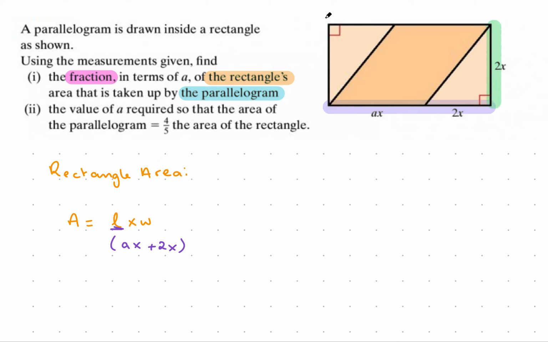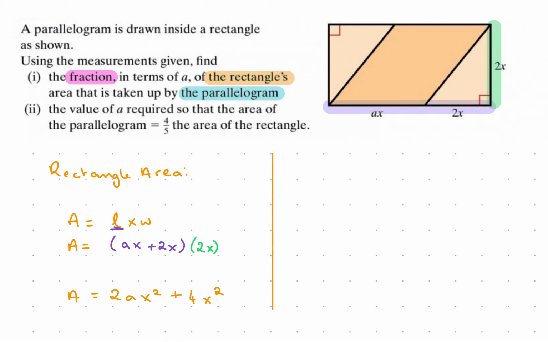So I'm going to multiply those two things together and use our algebra skills to simplify it as much as possible. If I multiply those two things together, I'm going to get ax by 2x, which gives me 2ax squared, and I'm going to get 2x by 2x, which is plus 4x squared. So that gives me the area of the rectangle. So I've got marks in the bag straight away if this was an exam paper question.